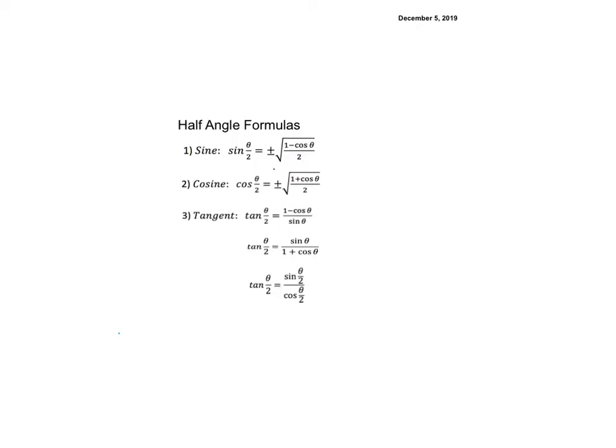And then we have the cosine of theta over 2, and you can see its formula. The tangent of theta divided by 2 has 3 different formulas. Again, it has the sine of theta over 2 divided by the cosine of theta over 2, and it has 2 other formulas there as well. So again, you can either copy those down or use them from the unit circle identity sheet.